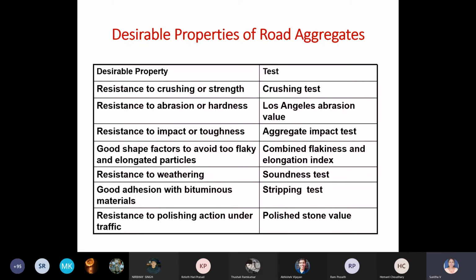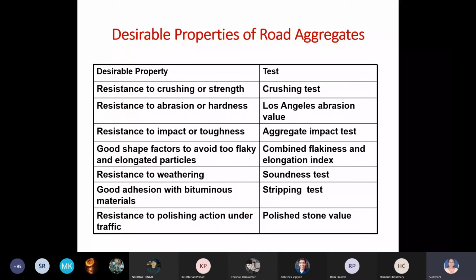Then shape is very important, either for flexible or rigid pavement. One thing is workability; the other is that in flexible pavement, as already mentioned, the load transfer is grain to grain through the points of contact. How many points of contact there are depends on the shape of the aggregates.